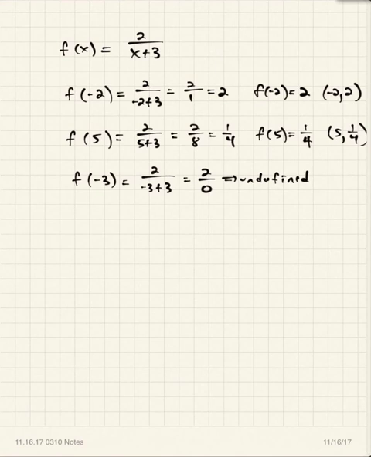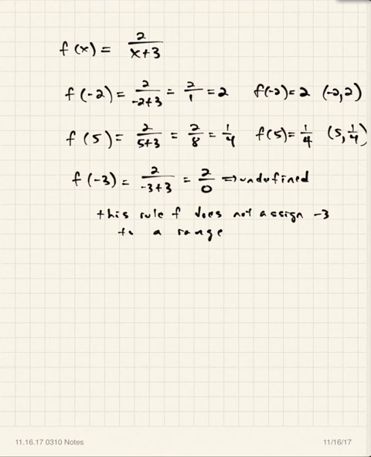So what happens? This rule f does not assign negative 3 to a range value. Just like a minute ago when we looked at Bob from our class and saw that Bob did not own a car, and so the rule we were looking at in the last screen did not assign Bob to a make of car.